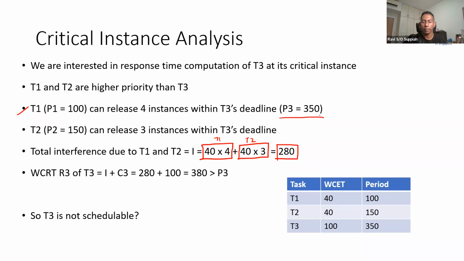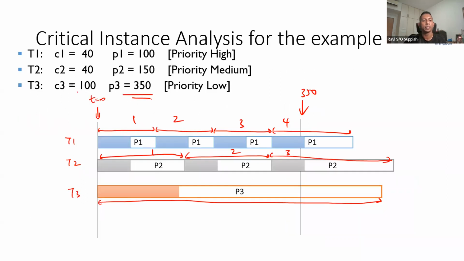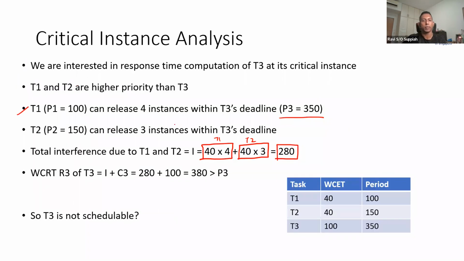How much time does task 3 require? Task 3 requires 100 units of time to actually compute and finish. So if I take 280 plus 100, the time required by task 3, I get 380, which is bigger than the deadline set for task 3, which is 350.